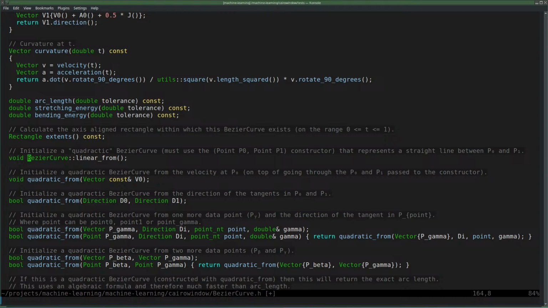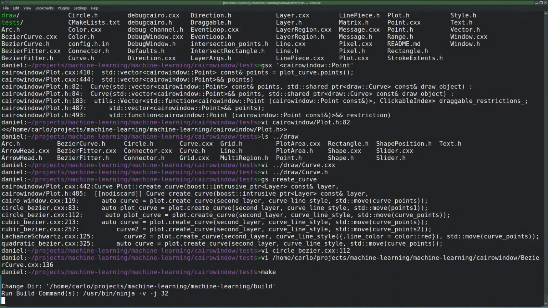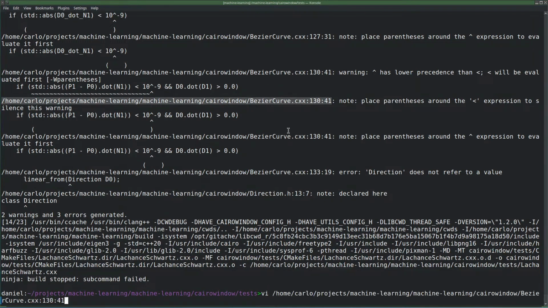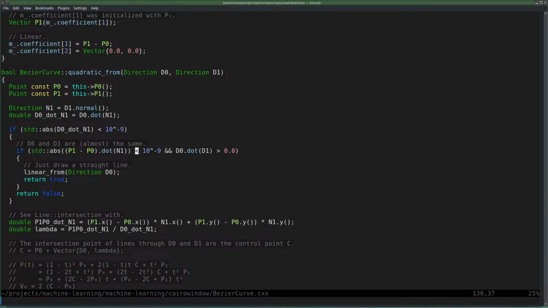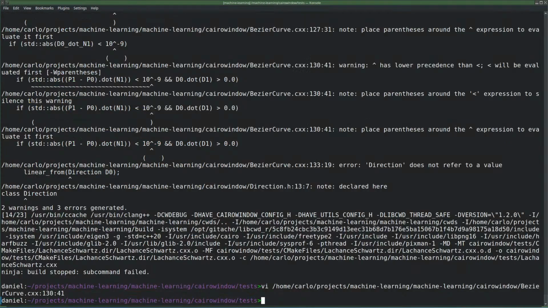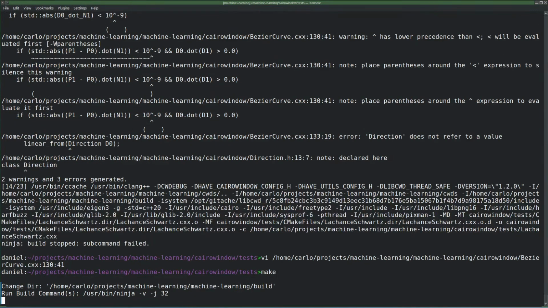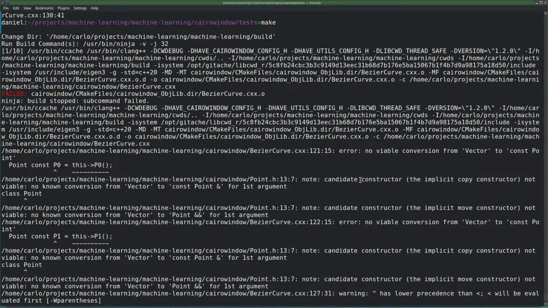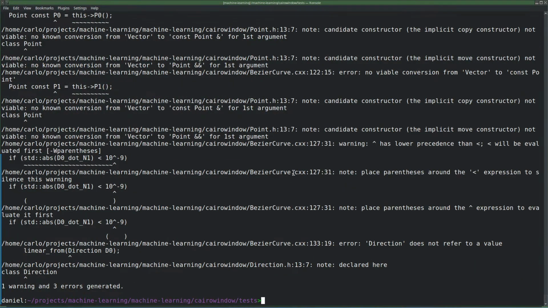Okay. Oh my god. Why? Yeah, it's rotated 90 degrees counterclockwise, which is cheap.